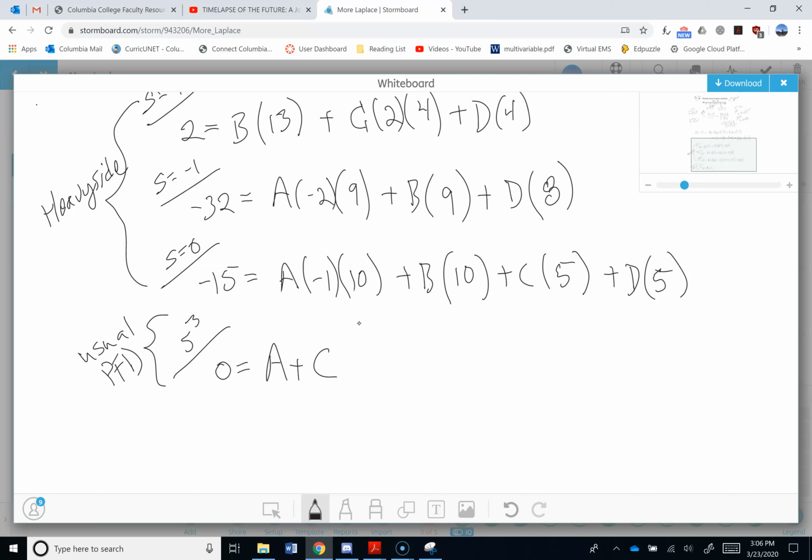If I keep using Heaviside's method, I'm going to keep getting equations with lots of extra terms in them. But the s cubed equation from the usual PFD is going to be super easy for me to deal with, so I got it this way.